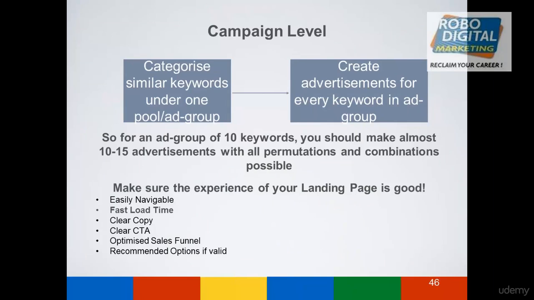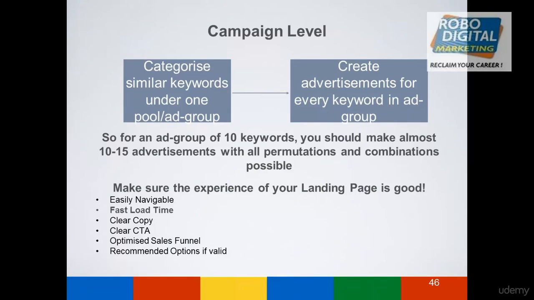For campaign level optimization, you have to see easy navigation on the page. I have already told you, fast loading time, clear copy, meaning the ad copy you write should make clear what exactly the user is going to get. Clear CTA means what action he has to take and what he will be getting. Optimize sales funnel, this is very important.